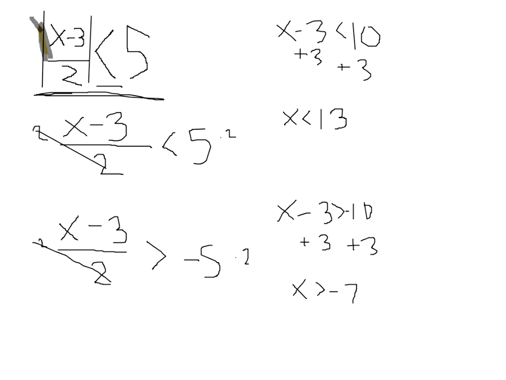Because if you take the absolute value of -5, it'll be +5. If you take the absolute value of 5, it'll be +5. Right, and that's simply because absolute value is basically the distance from 0. So that's why your negatives and positives would have the same thing, and that's why you have to turn it into two equations.